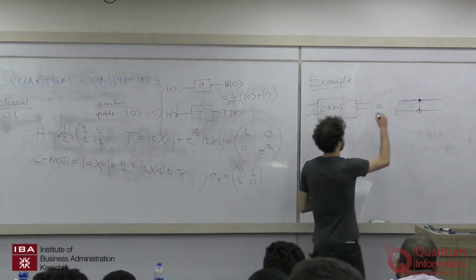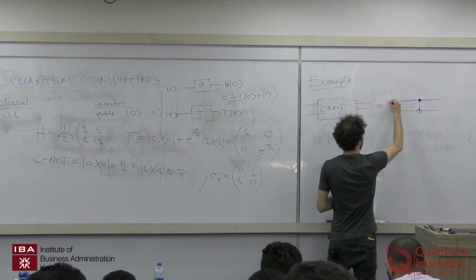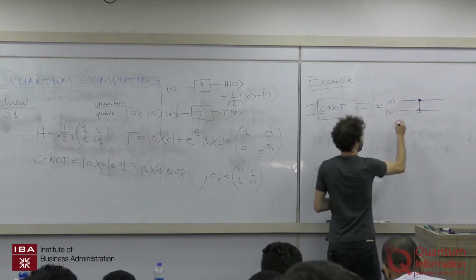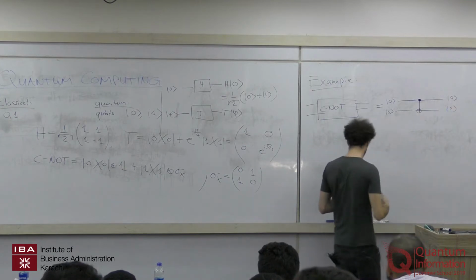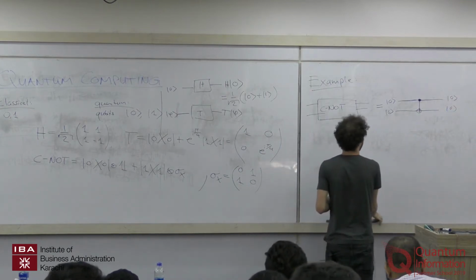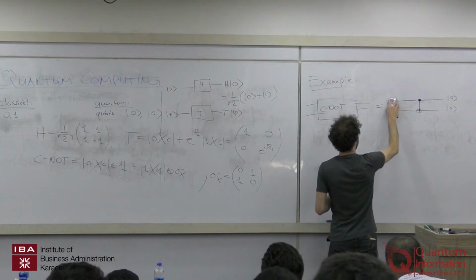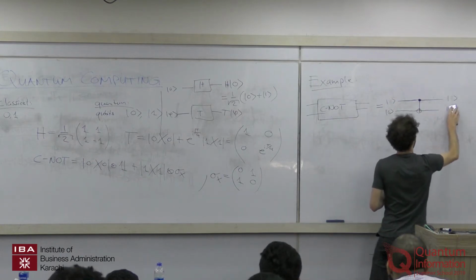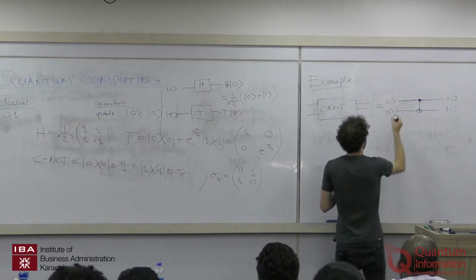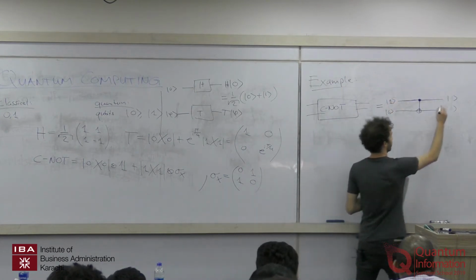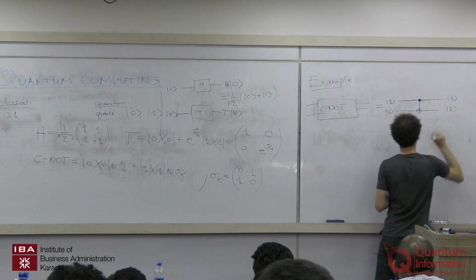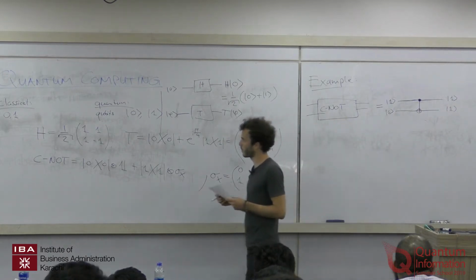So 0, 0 is mapped to 0, 0. But if I put 0, 1, it is mapped to 1, 1, exactly. Okay.